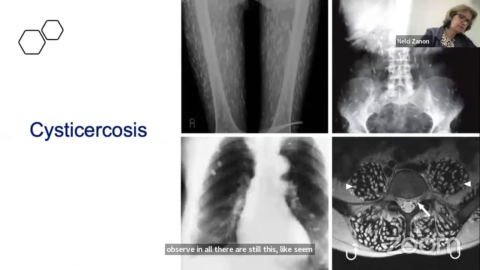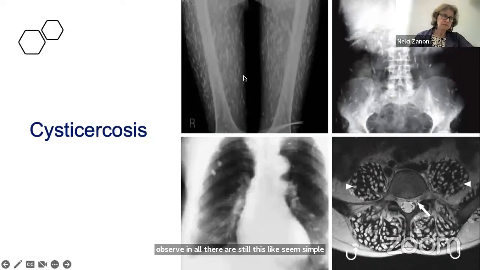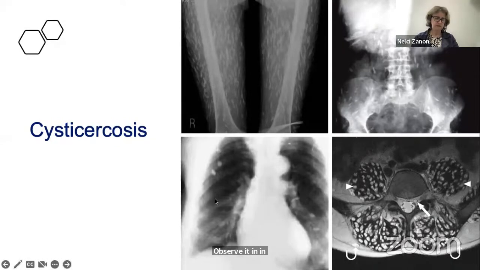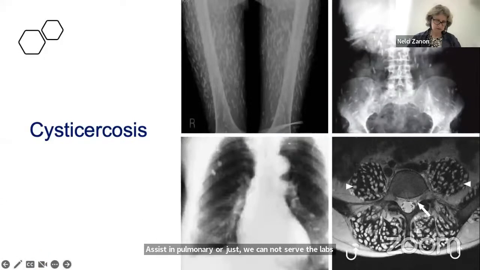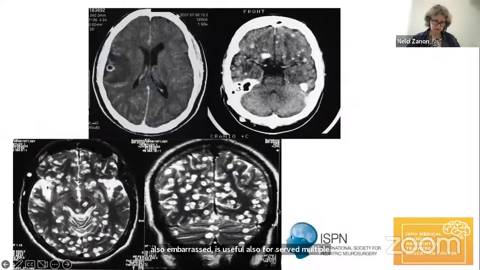Simple films show multiple calcified cysts in soft tissues, and in the chest we can also observe the larvae. And MRI is also useful to observe multiple cysts inside the muscles. And the most severe form of cysticercosis is the infestation of the brain or central nervous system.